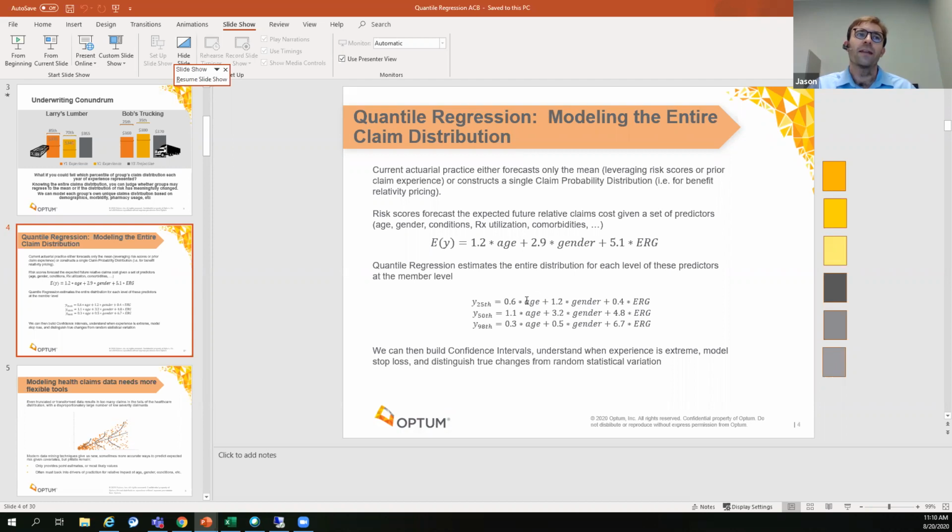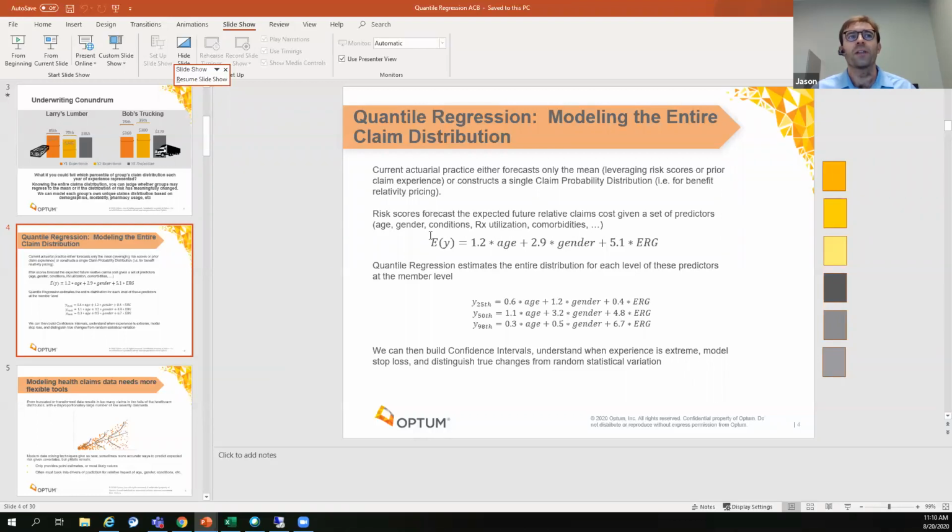So you can see here that the impact of age is different at the 25th, the 50th, and the 98th percentile. The impact of an additional year of age. The impact of your gender is different at the 25th, 50th, and 98th percentile. And the impact of having this risk condition is also different at different parts of the distribution. And that shape, that slope can change for different ERGs.